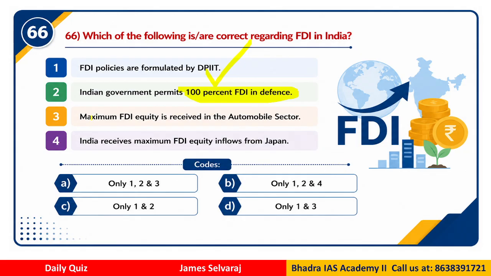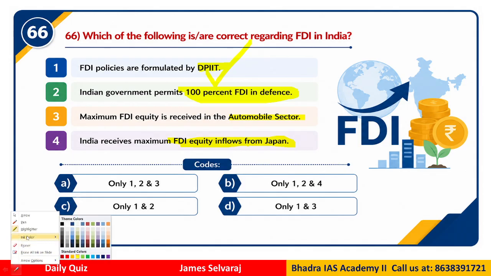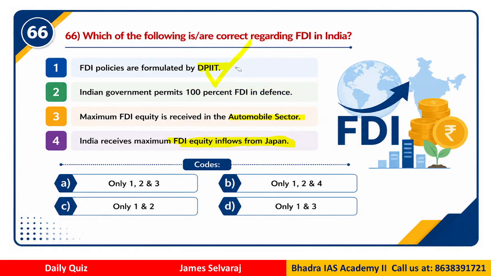And India receives maximum FDI equity inflows from Japan. Which of the statements are correct? Here, the automobile sector and DPIIT are the key words to remember. The options are 1, 2, 3; 1, 2 and 4; 1 and 2; 1 and 3.